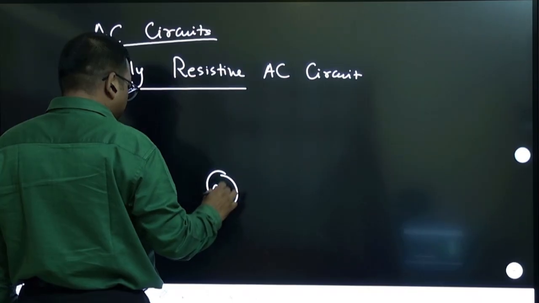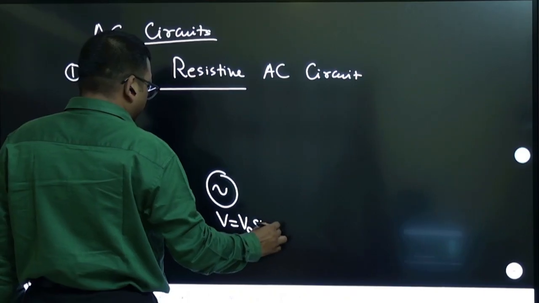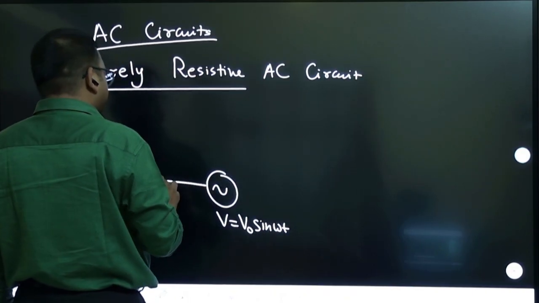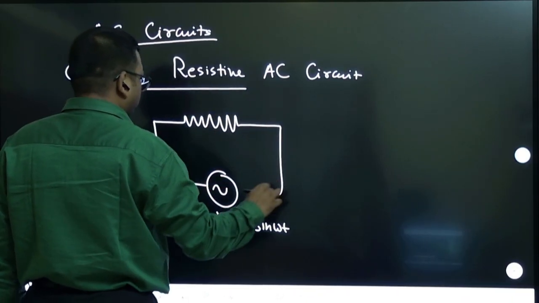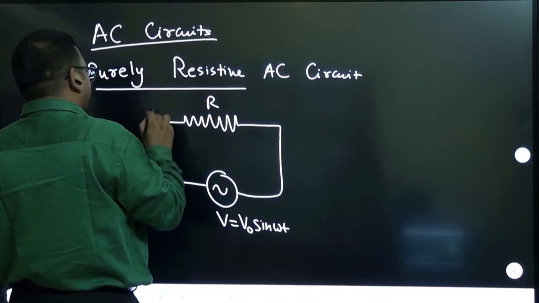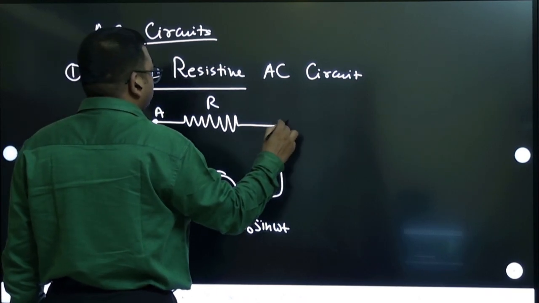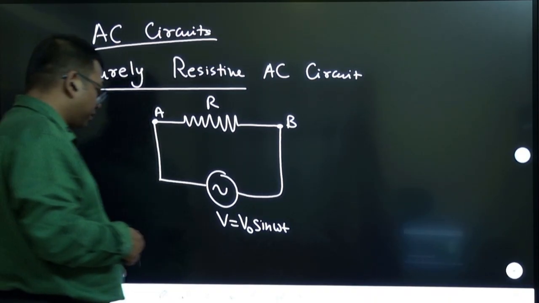This AC source is represented by this symbol, V equal to V naught sin omega t, and this is connected to a resistor. This resistor has resistance R. And this point is, let us say, point A, point B. In between them, we have connected it.